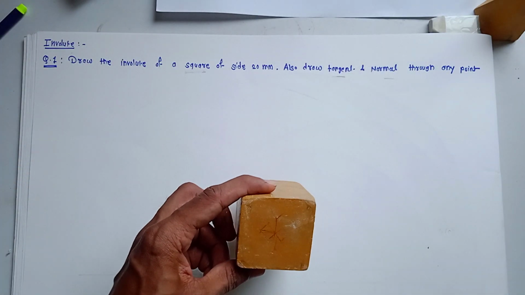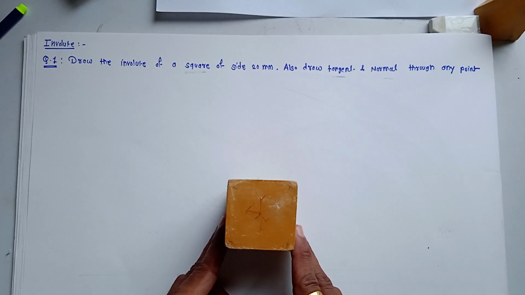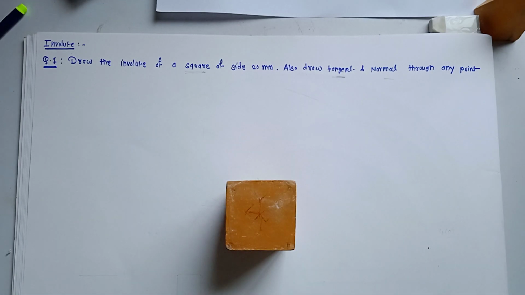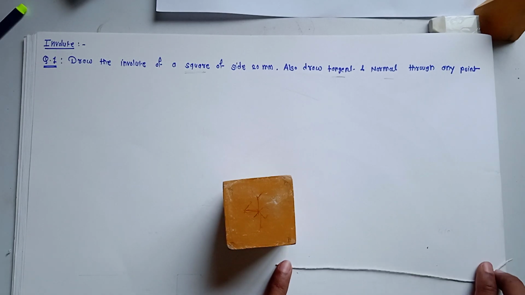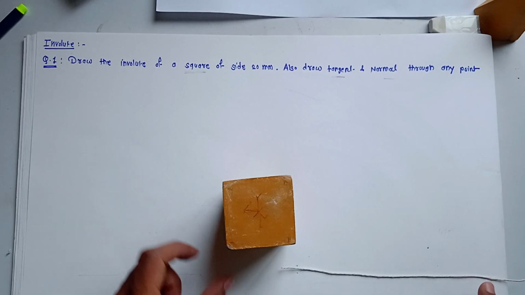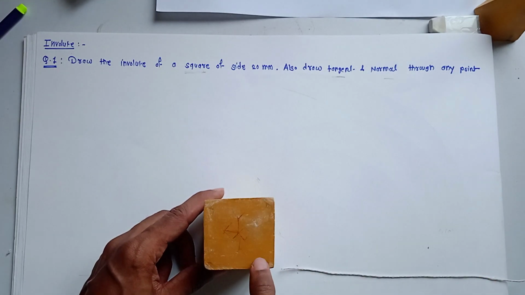So here I have taken the polygon, which is a perfect square, and if I take one piece of string, this string has a length equal to the perimeter. The perimeter for the square is 4 into side.